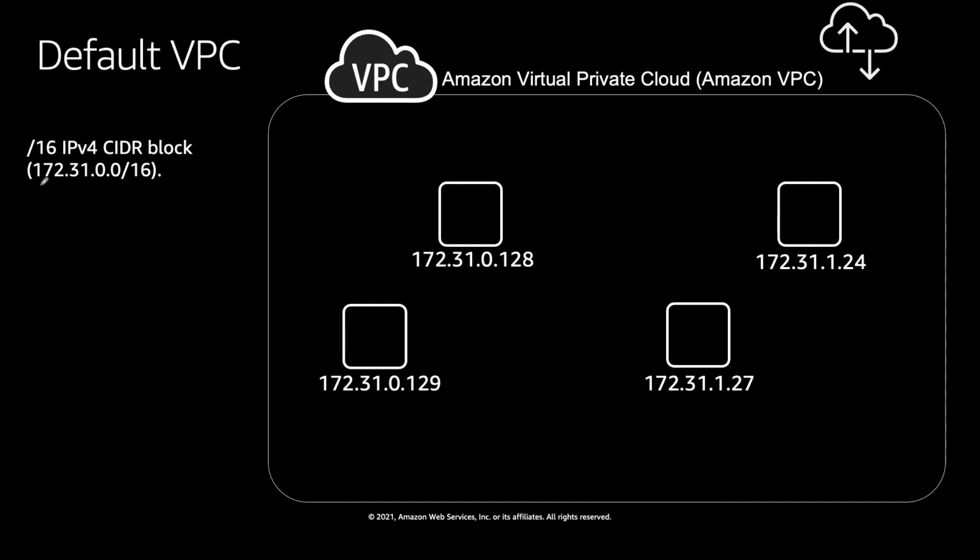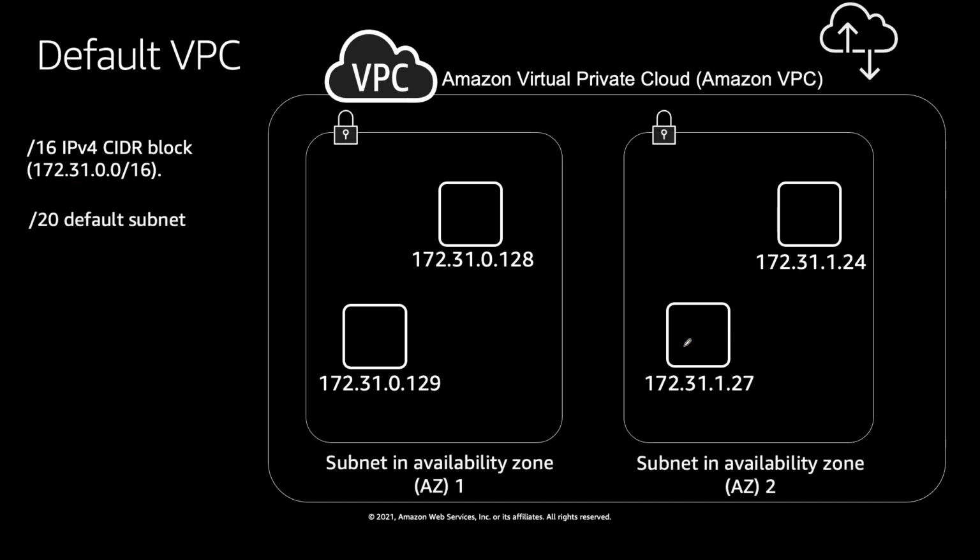The CIDR is 172.31.0.0, so all these instances that you see here are in the same IP range. That is one thing you get with a default VPC. Now, to manage these IPs, we create small subnets.